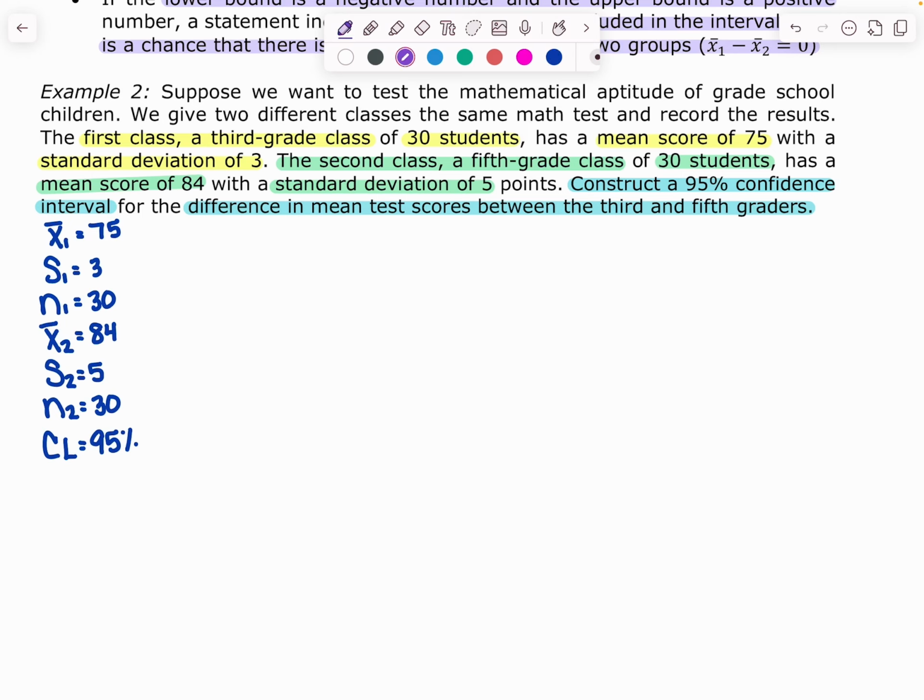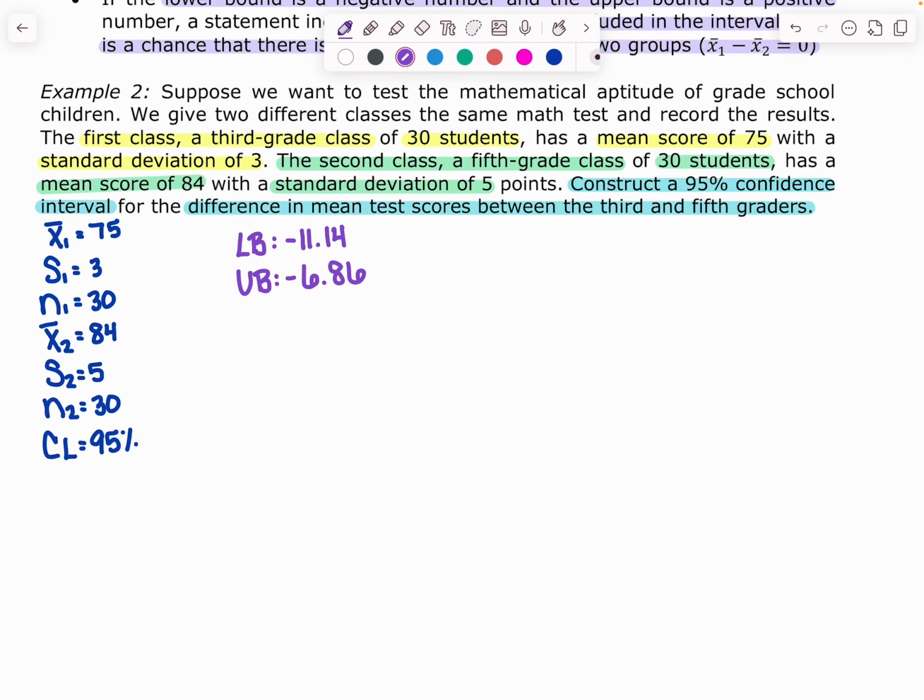And I'm going to write down my lower bound and my upper bound. So my lower bound is negative 11.14, and my upper bound is negative 6.86 when I round those.